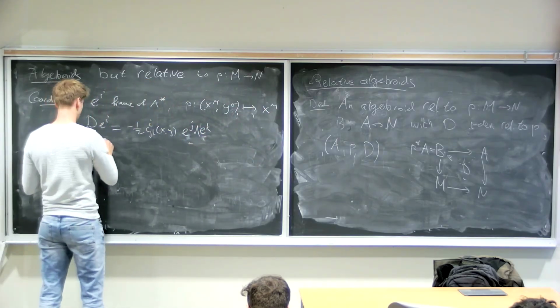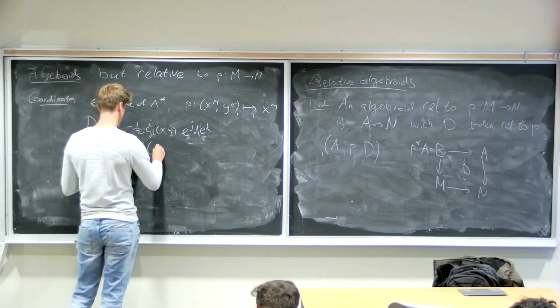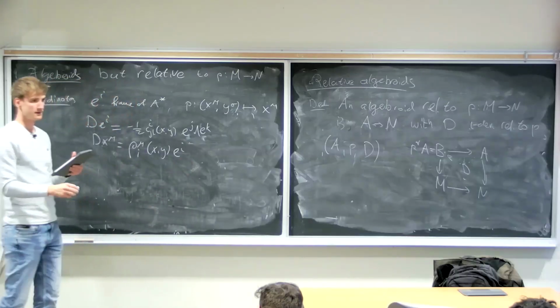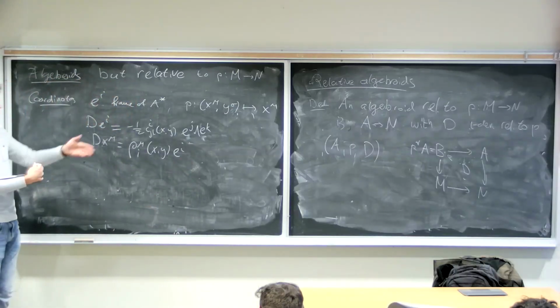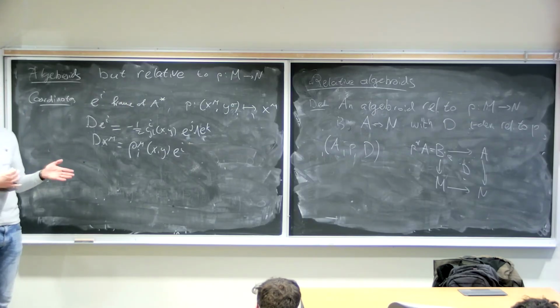That's the local structure of a relative algebroid. I want to stress that we can also define it in terms of a relative derivation or a relative bracket, because there's a duality between one derivations and brackets. So we can also define it in terms of an anchor and a bracket, which are both relative.